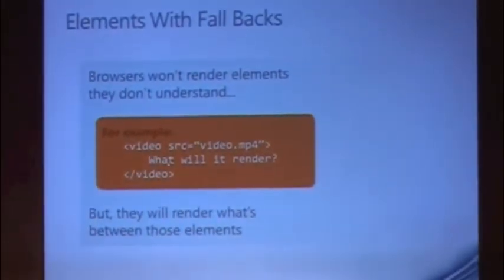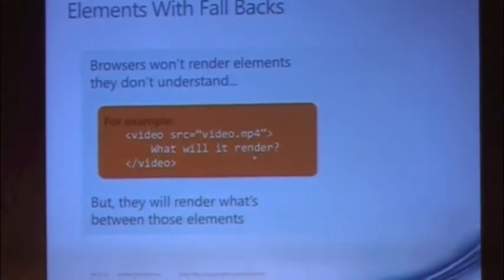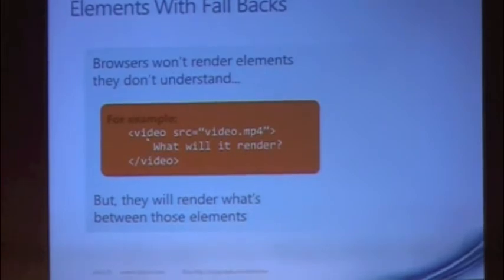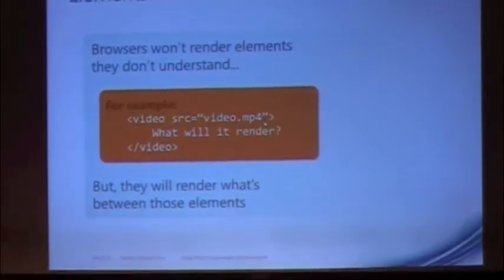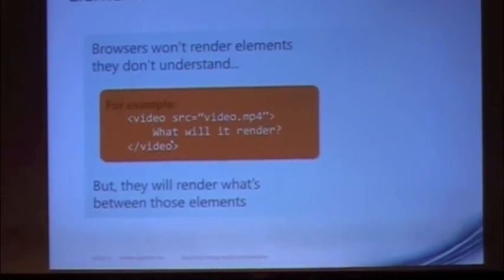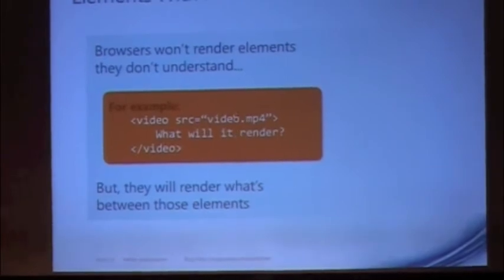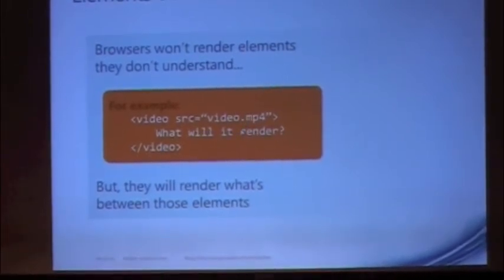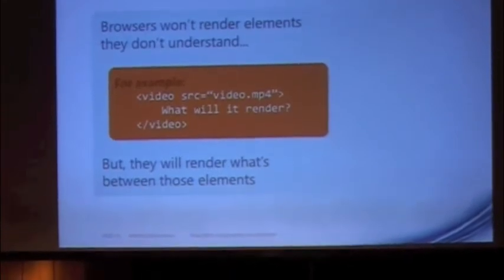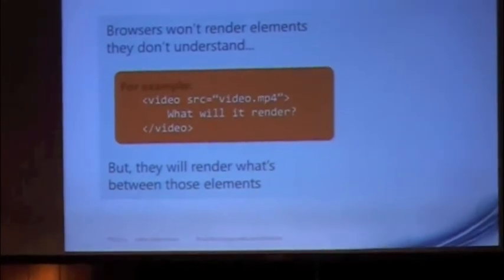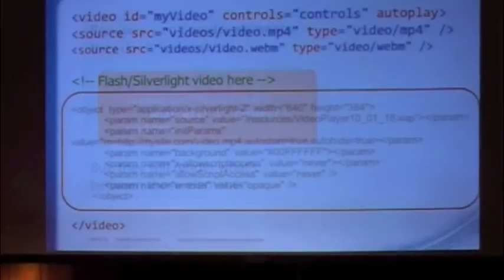Meaning I could put the fallback content between my tags, in this case a video tag. If the browser recognizes this video tag, then it will play this MP4. But if it's an older browser that doesn't recognize it, or even a modern browser that doesn't support MP4, then whatever is in the middle, the text content, will be displayed. This is called fallback.